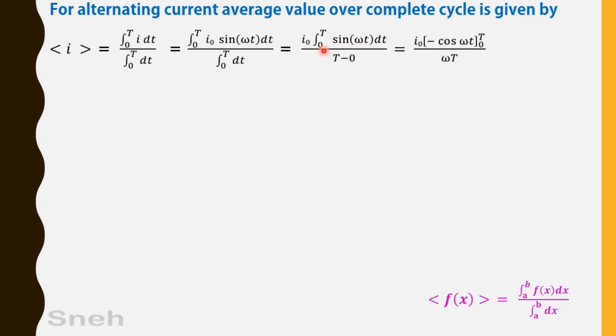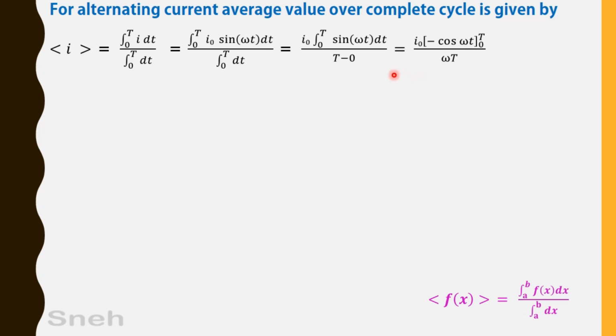The integration of sin theta is minus cos theta, so the integration of sin omega t is minus cos omega t, and as omega is constant, it will come in the denominator. The integration of sin omega t is minus cos omega t divided by omega.